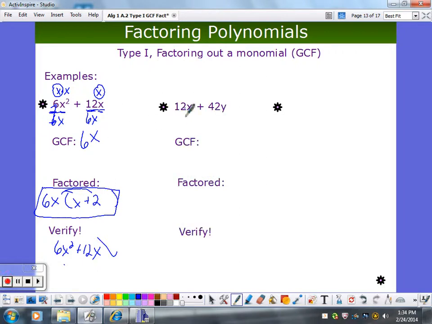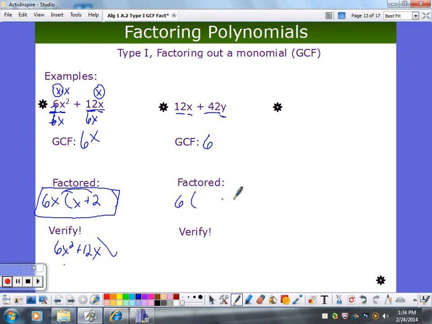Let's try another one: 12x plus 42y. You look at the 12 and the 42 and say, what's the greatest factor that they have that's the same? Greatest common factor. Then you look at the variables, x and y. Do they have a greatest common factor? No, nothing's the same.